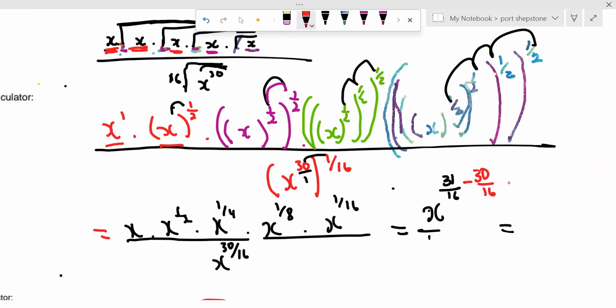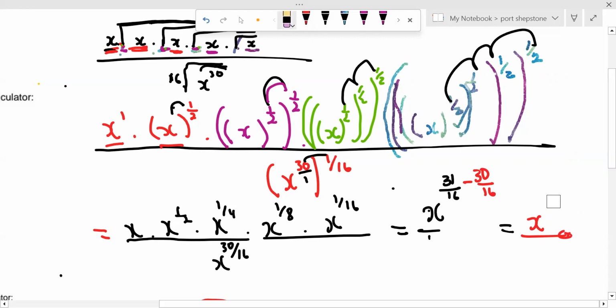It's going to be x to the power of 1 all over 16. Are you sure, guys? Okay, then this is going to be our final answer.